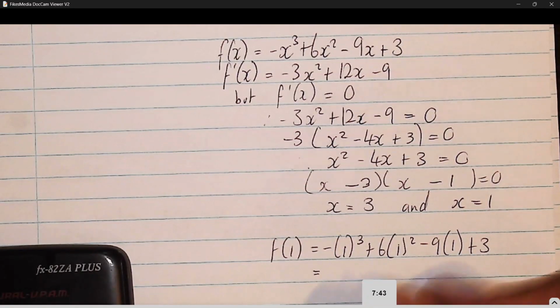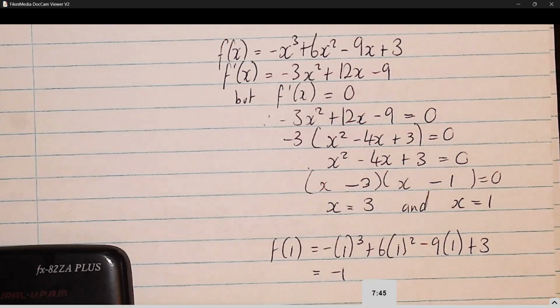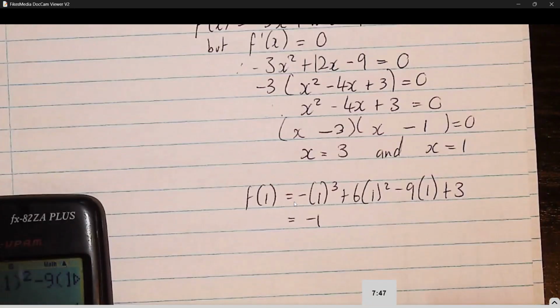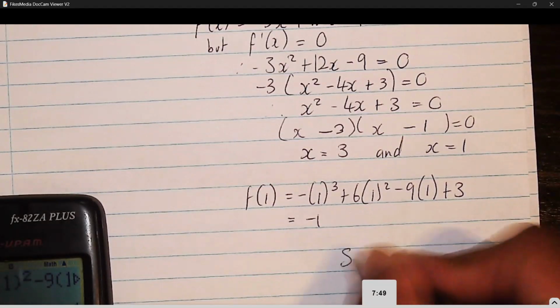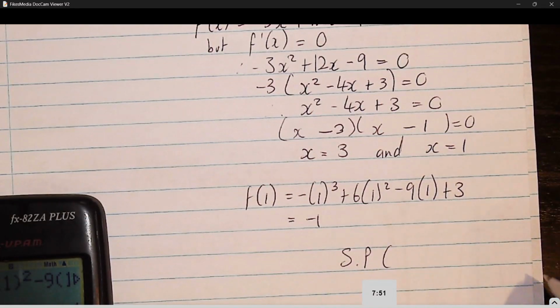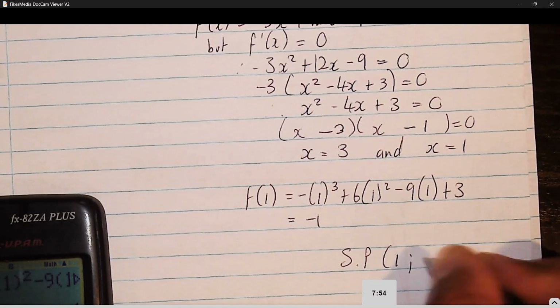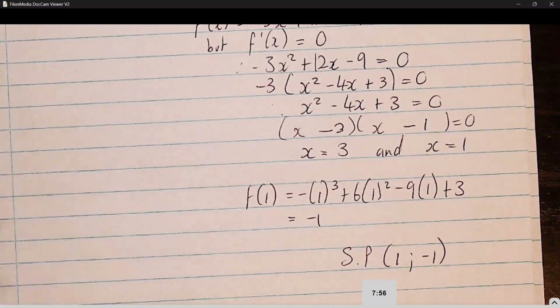So this is going to give us negative 1, right? So for the stationary point, when x is 1, y is going to be minus 1, right?